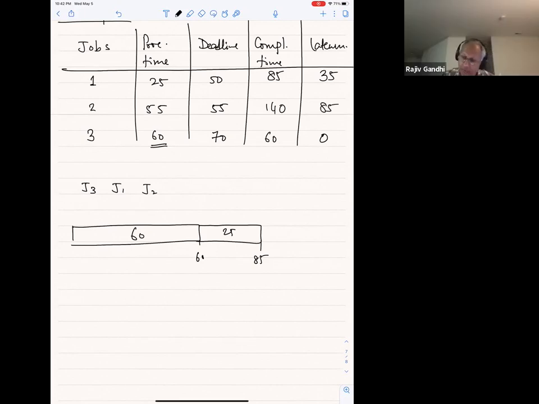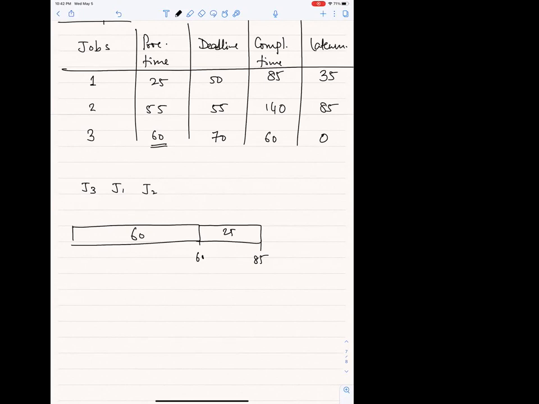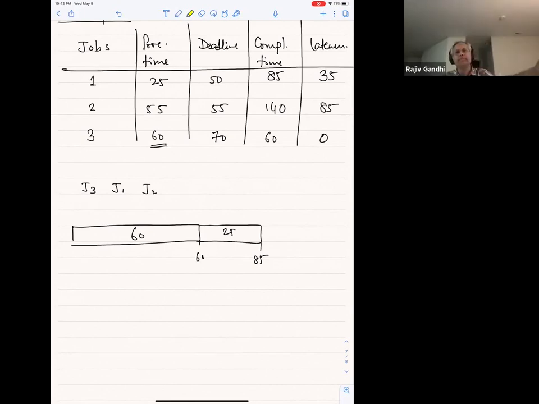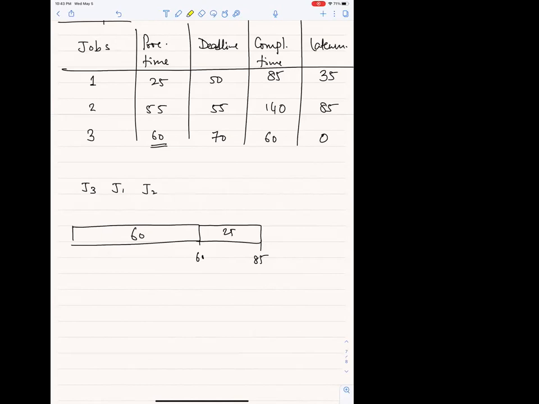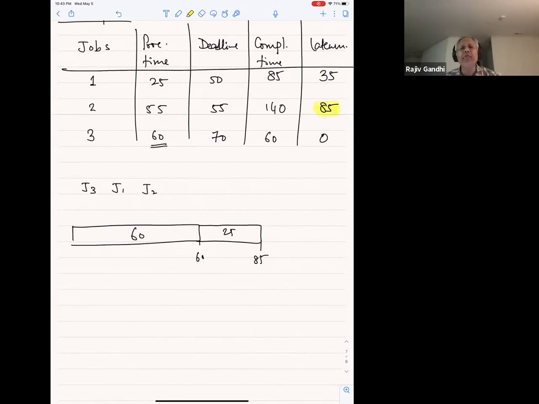What is the maximum lateness of any job? Among the 3 jobs, which is the job which is the most late? The second one. Right? And we want to minimize that. That is our objective function.